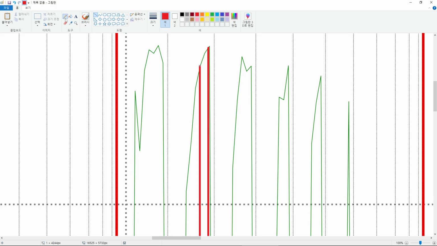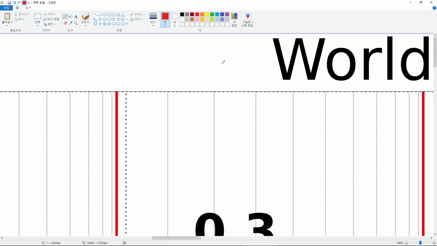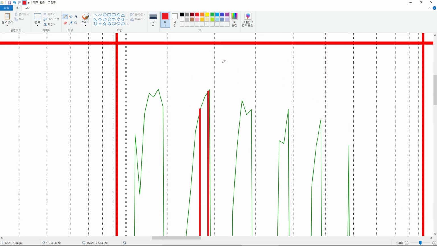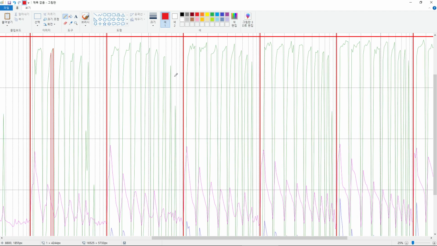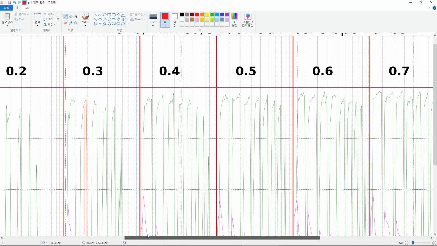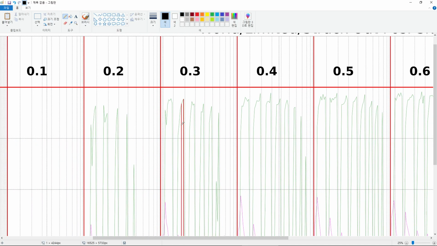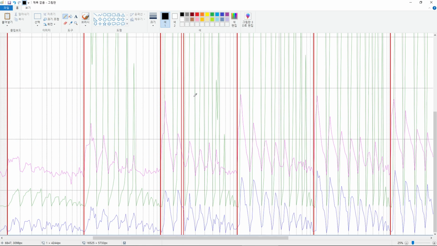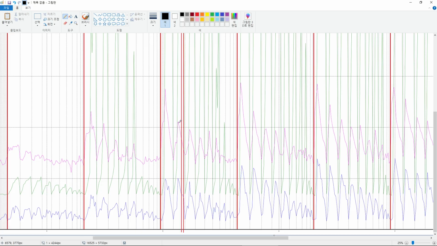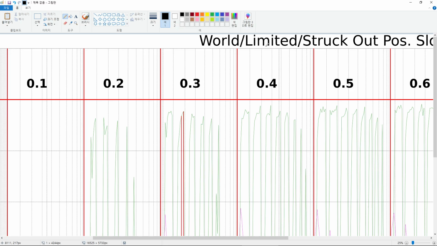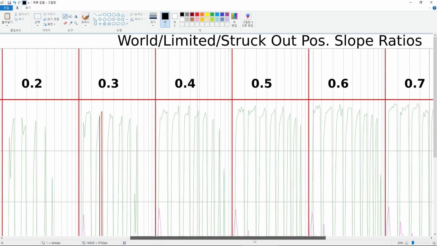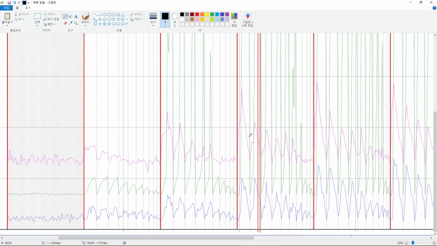So the positive slope ratio for the limited entities go up. And when that happens, the positive slope ratio for the struck out entities go down.